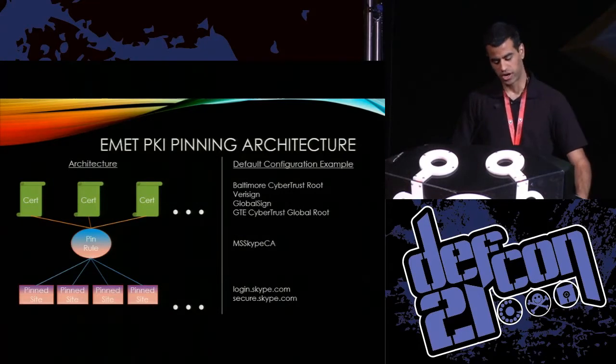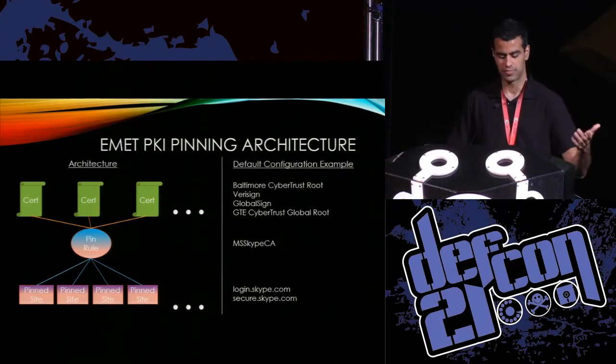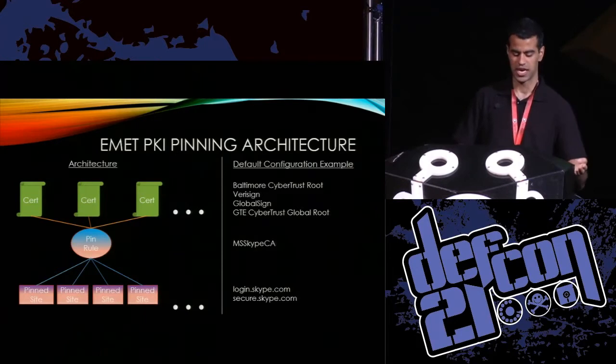So this is what our architecture looks like for the PKI subsystem. Basically, we have a bunch of pinned sites. In this example, I'm taking the Skype example. We have a bunch of pinned sites at the bottom, for example login.skype.com and secure.skype.com. They're obviously both Skype services, so they would share the same pin rule, which would be the MS Skype CA.